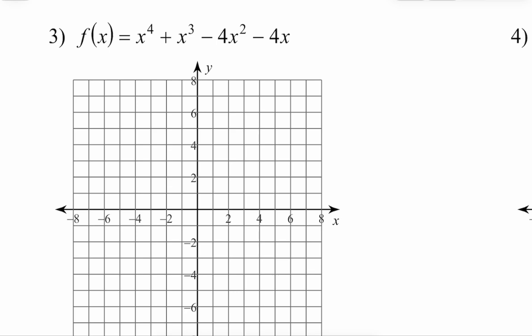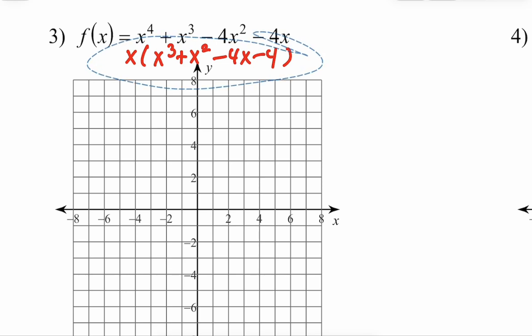So when factoring this, first off, let's take out the greatest common factor, and then we'll use grouping on what's left. We're left with x cubed plus x squared minus 4x minus 4. I'm going to write that over here so I have room under it.